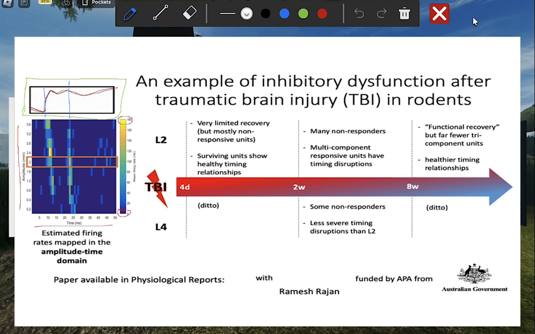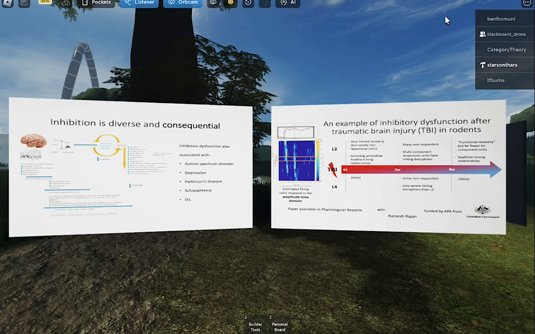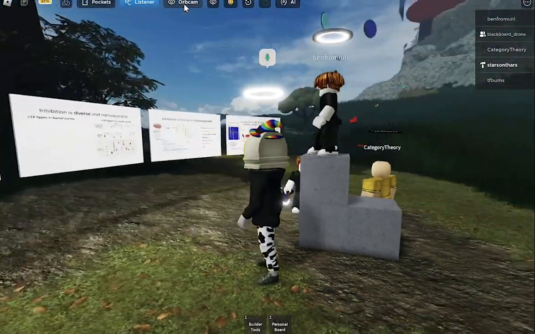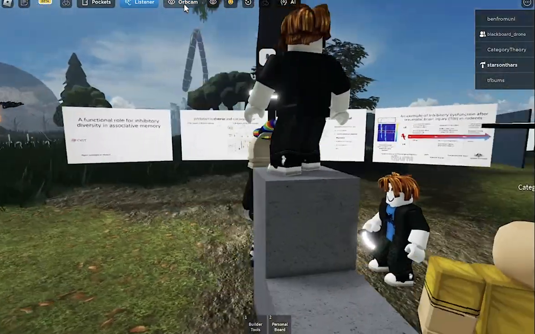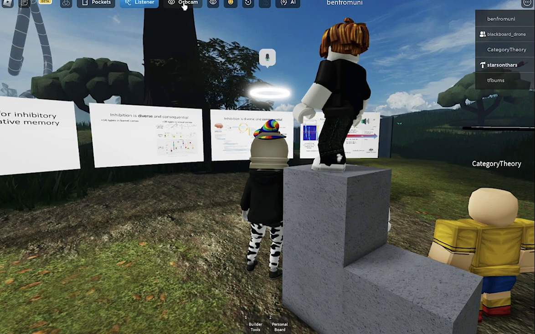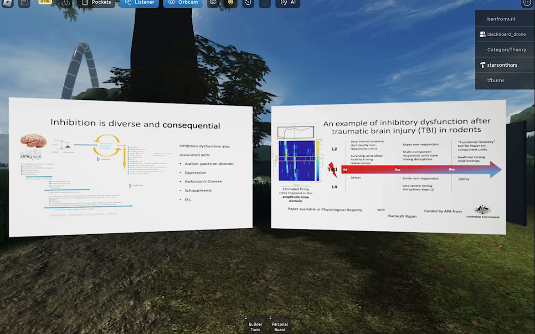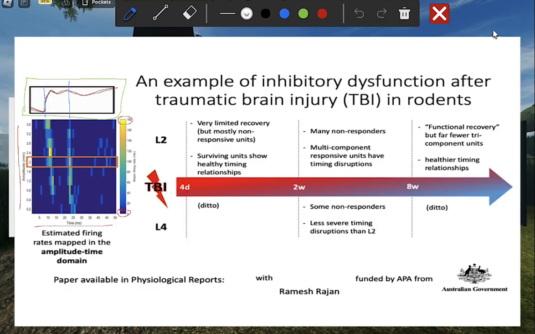What's the reason for that? In that damaging case, inhibitory neurons specifically? Sorry, could you say that again? Why should that affect inhibitory neurons more than excitatory? Typically, I mean, we don't know exactly why, but we guess it's mostly because they're smaller and their structures are finer and more delicate.